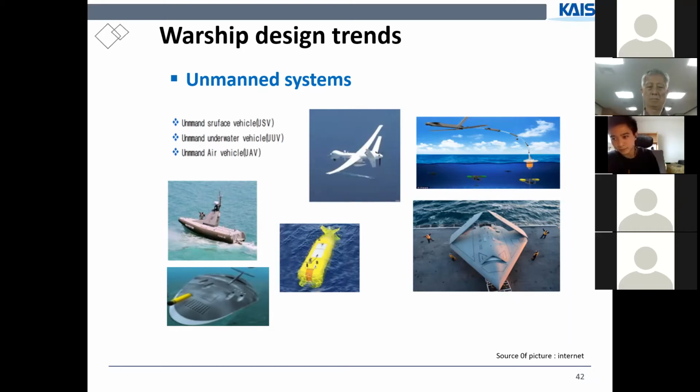We carry out many missions on the warship with small unmanned systems, very simple operations, but totally integrating them, the convergence of the technology and the operations, may not be easy. In the next page, we can see some things.